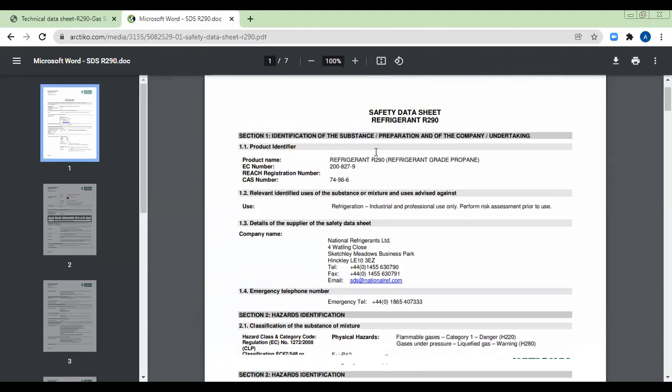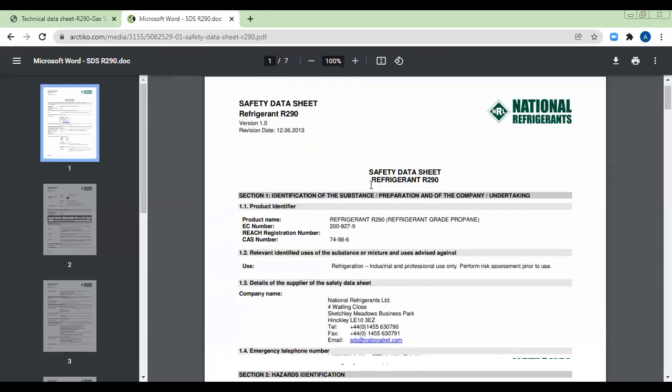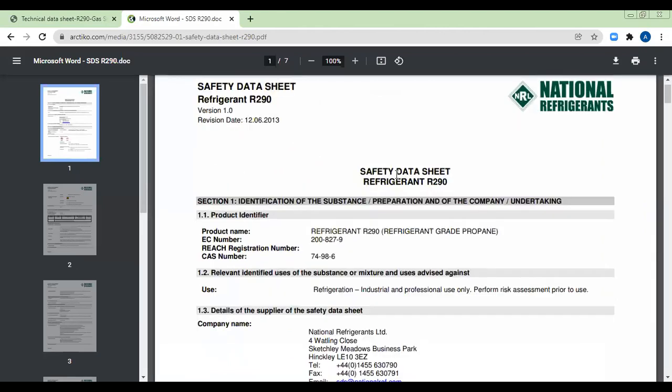It is very important to know about the nature of this data sheet. This is a safety data sheet. Later we will talk about what refrigerant means.